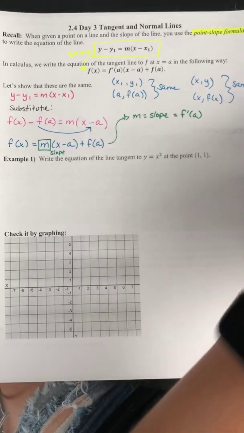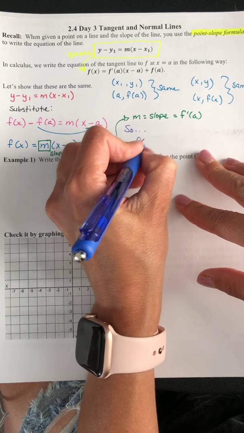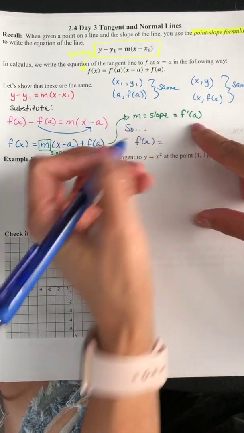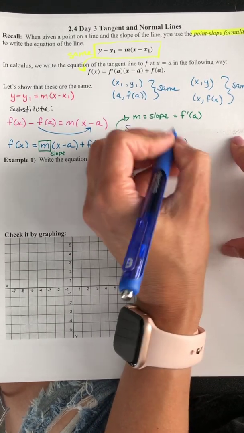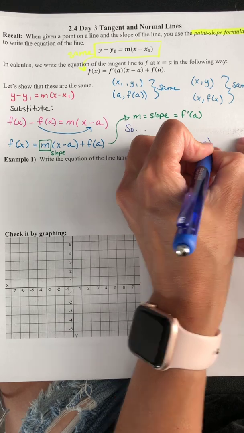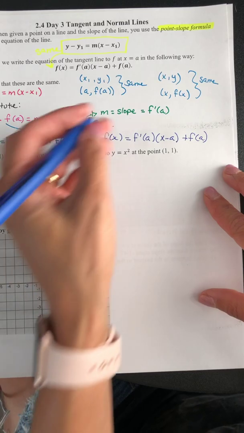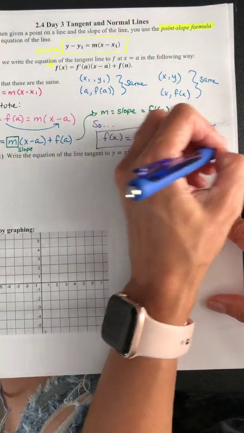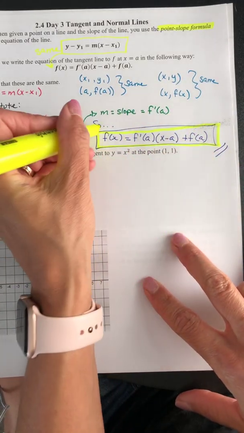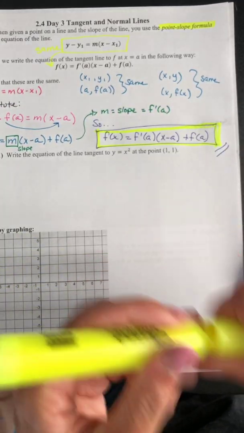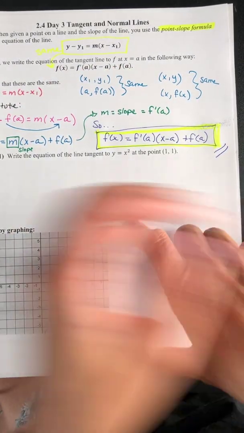So, because that's the same as the slope, f of x equals, now I can replace the m with f prime of a, times the quantity x minus a plus f of a. So they are the same. If they weren't the same, it wouldn't have come out exactly like this, okay? But it's exactly what we get in the original, okay?